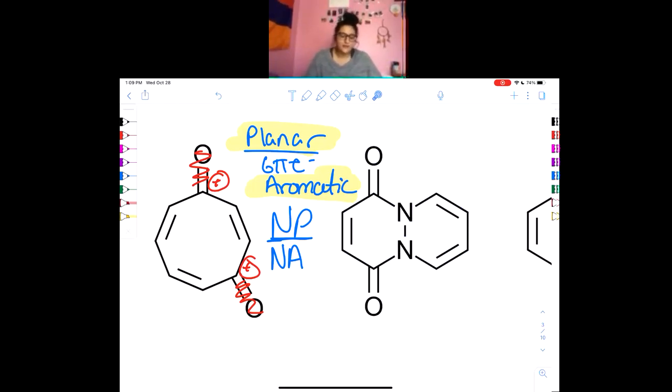And here we only have one big ring, right? Both of these have 8 or more members in the ring, but the whole planar versus non-planar rule, when you have more than 8 members, only counts for monocyclic. So each of these rings is less than 8 members, so you don't have to really worry about that planar rule.